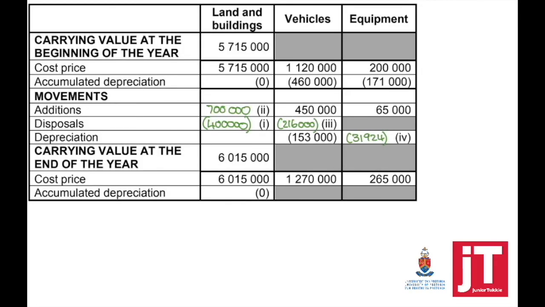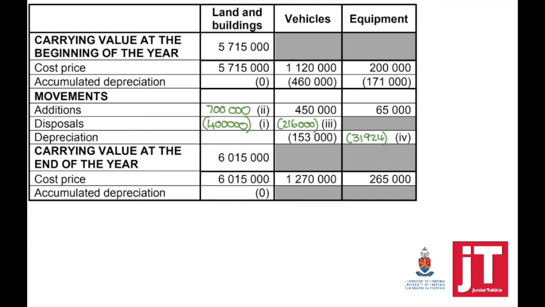When we complete the answers on our tangible asset note, it's important to take note. Disposals will always be shown in brackets. Depreciation must be shown in brackets. If there's no brackets, you will end up losing the mark.